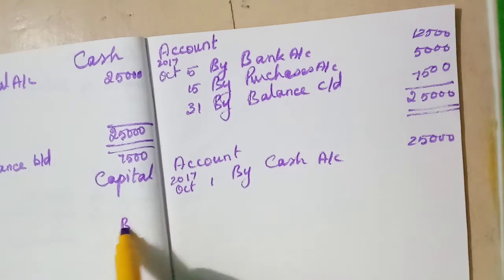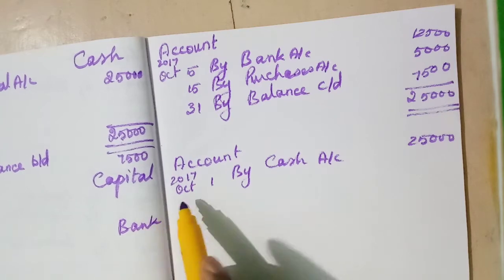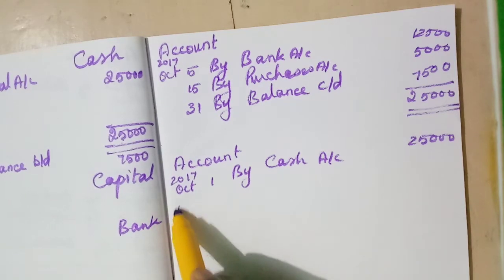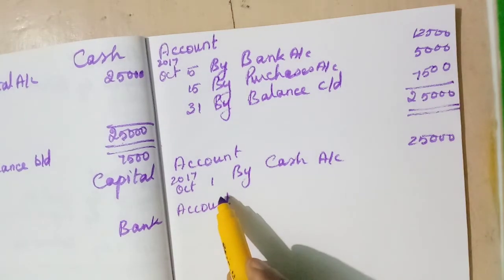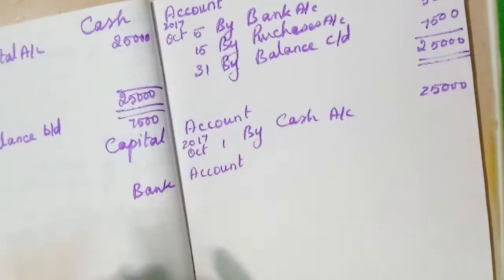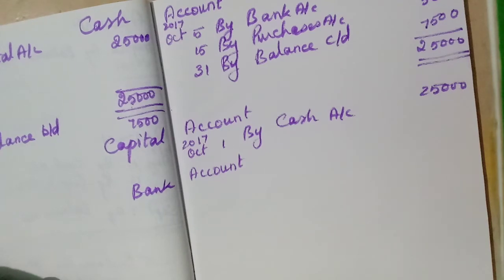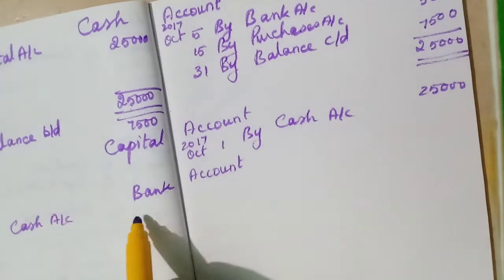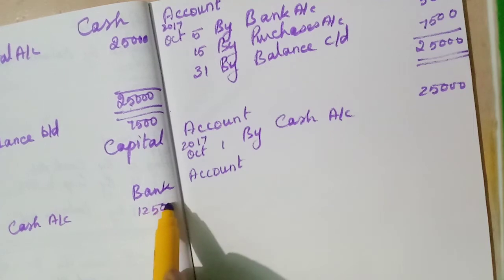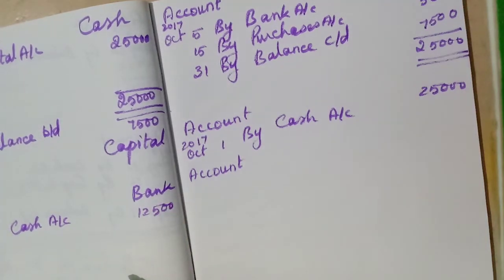So next account is bank account. In bank account, deposited into bank, debit side, bank account debtor to cash. So write the date 2017 October 5. Okay, bank account debtor to cash account 12,500. Any other bank account is there, you check.